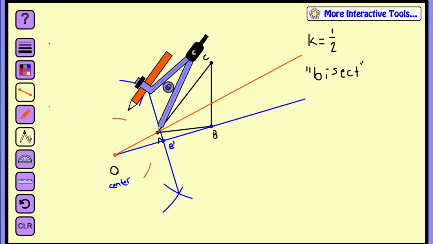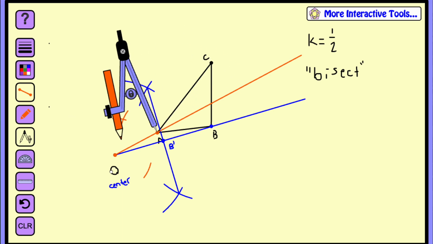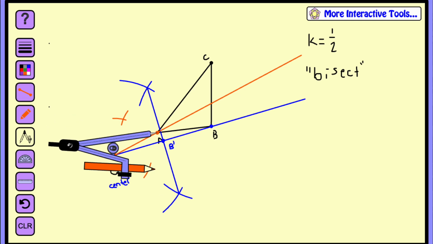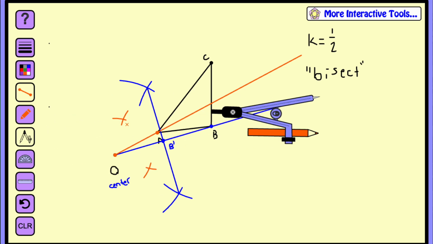Notice that I have my compass locked. You can't lock your compass, but you can make sure that it doesn't move. Okay, and then we take our straight edge and we connect here. And then we know that A prime is this intersection point. Now again, what I can guarantee here is that the distance from A prime to O is going to be half the distance from A to O. That's the idea here.